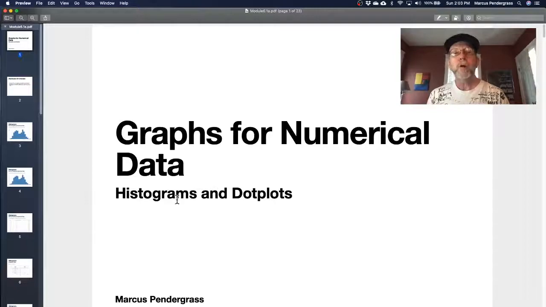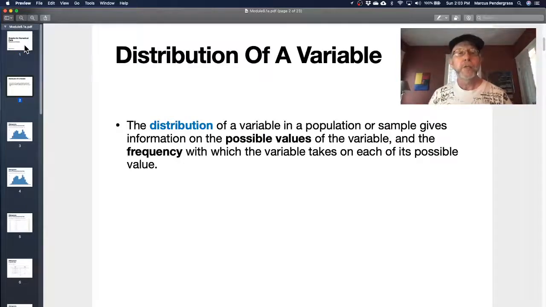When we're talking about graphically understanding numerical data, two of the main tools that we're going to use are histograms and dot plots. When we look at these kind of plots, we're trying to understand what we call the distribution of the data. So what do we mean by the distribution?